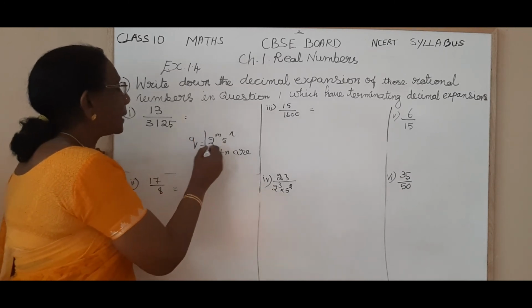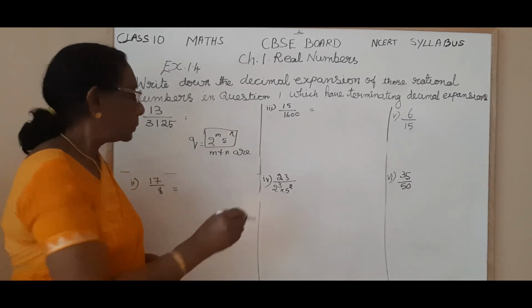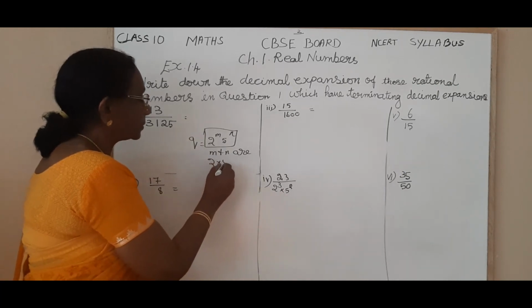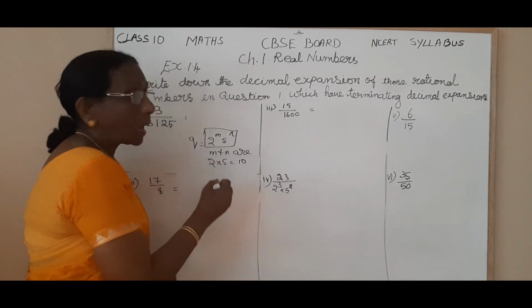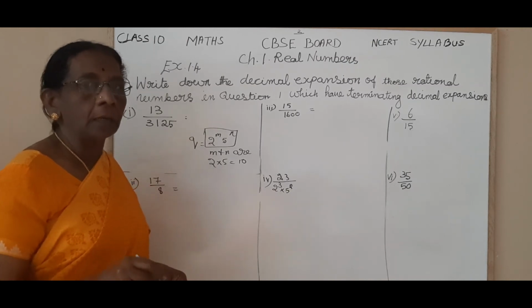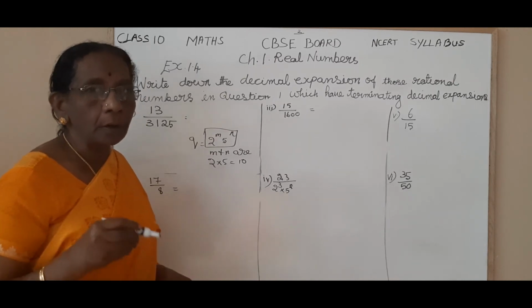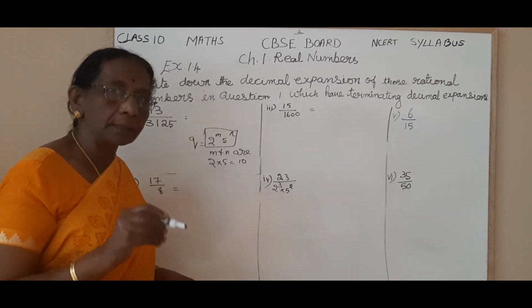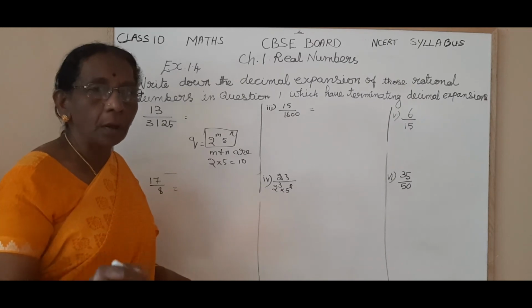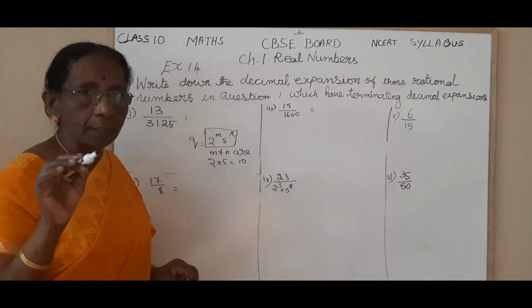So why are 2 and 5 the only prime factors of the denominator? Because 2 into 5 is equal to 10, and decimal means 10. Decimal numbers are also fractions, called decimal fractions, whose denominator is 10. The standard denominator should be 10 or its powers.